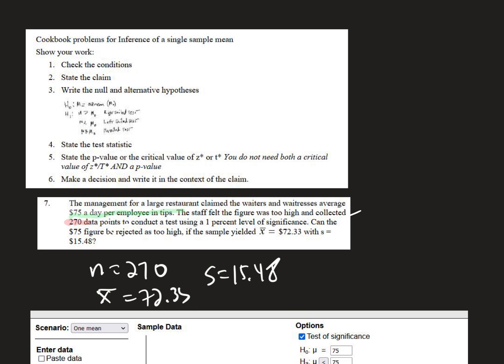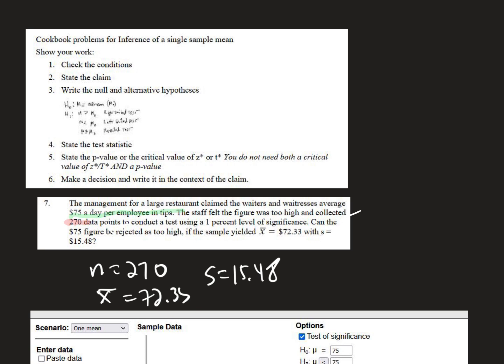So for the central limit theorem to work, we could have a random sample, it's got to be quantitative variables, and since we don't know the shape of the population and we don't know the population standard deviation, our sample size has to be bigger than 30, and sure enough, it is. So we're good to go with using a one sample t-test.